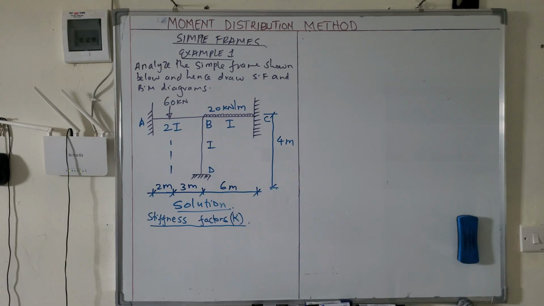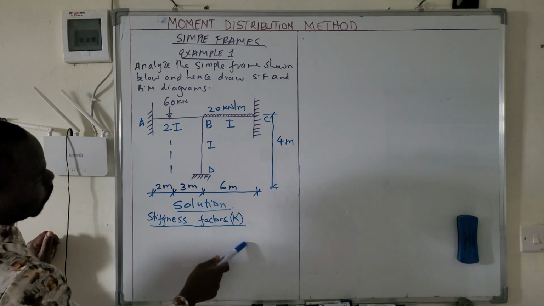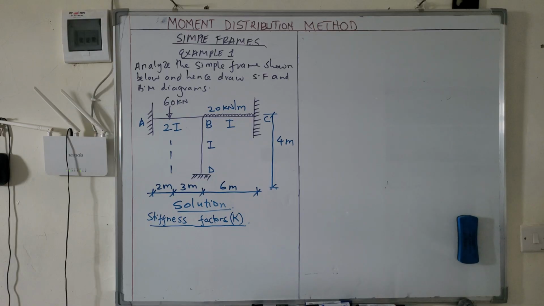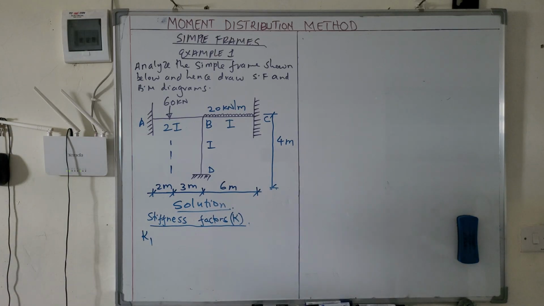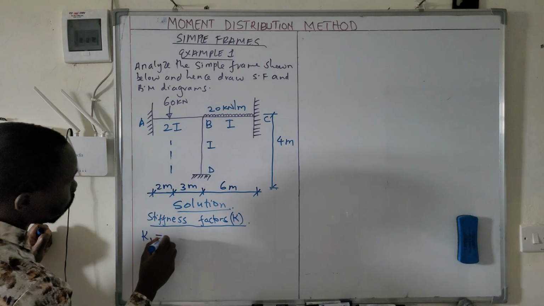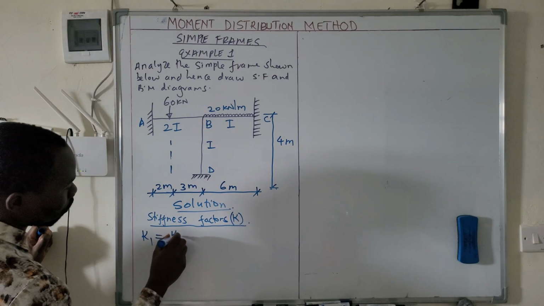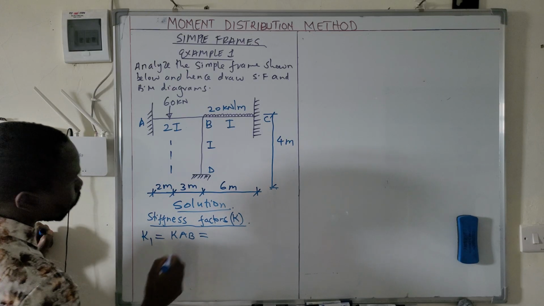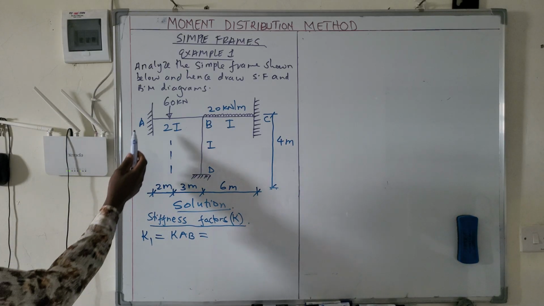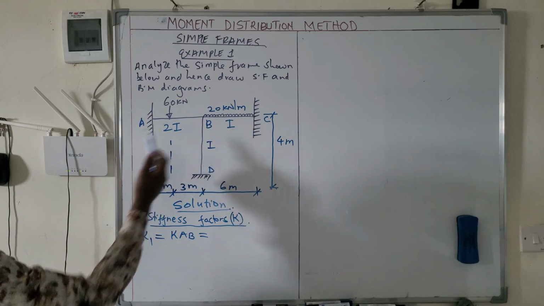So we proceed to stiffness factors, which is K. So we'll have K1. So K1 is equal to KAB. KAB is this span, KAB.